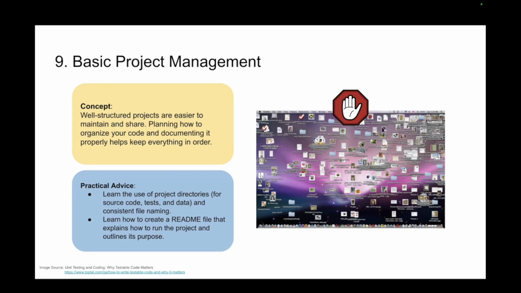So you need to learn how to manage your project, how to name your folder, how to name your file in a reasonable way. And so that's the 9 tips I would like to give.